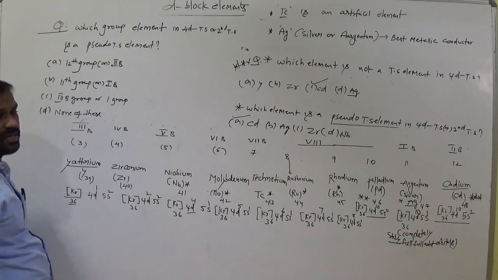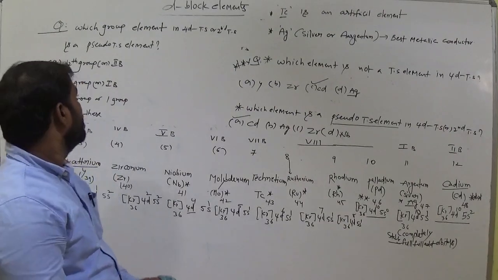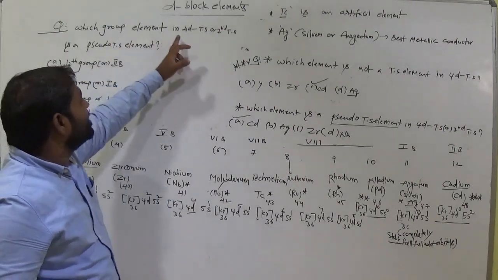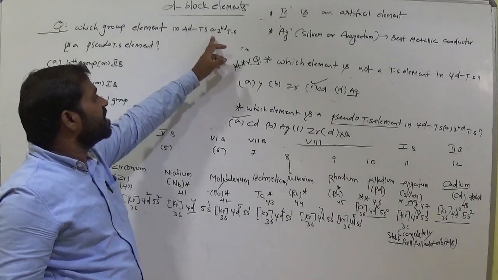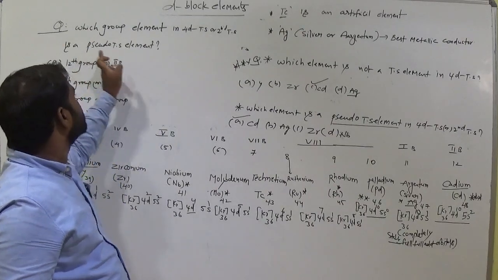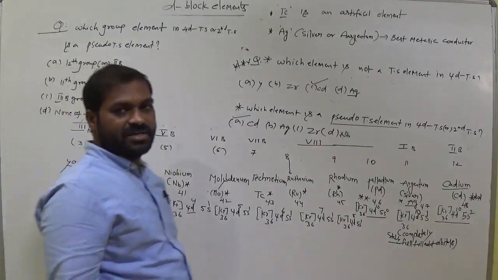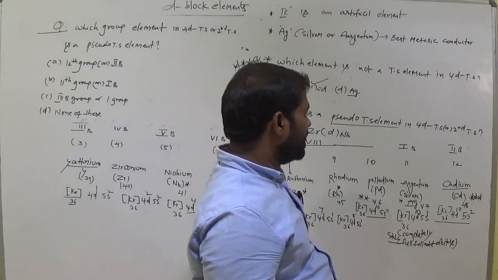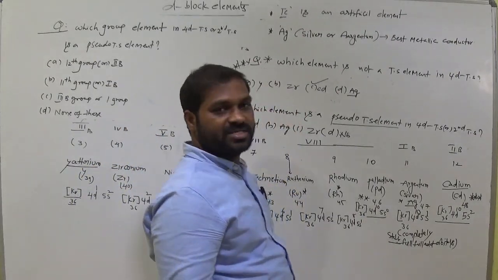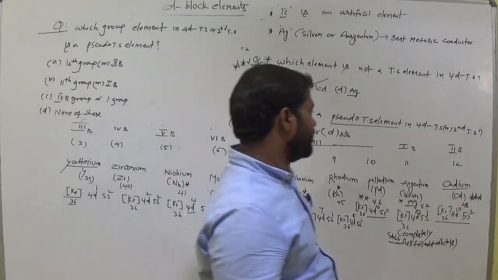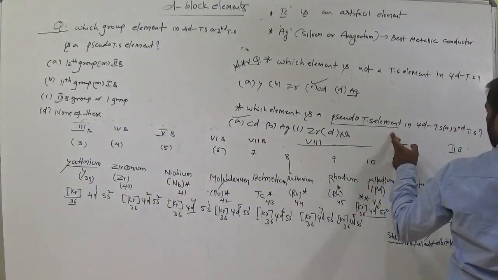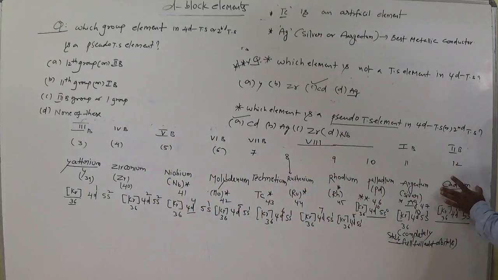Which one? Can anybody say? Which group element in the second transition series is a pseudo transition element? Cadmium is the pseudo transition element.